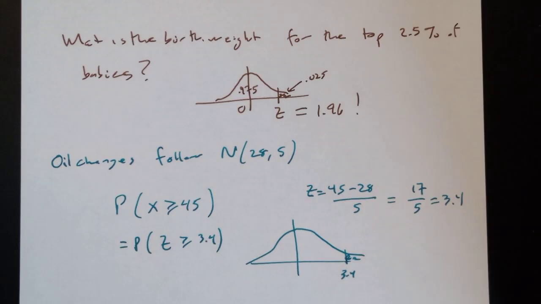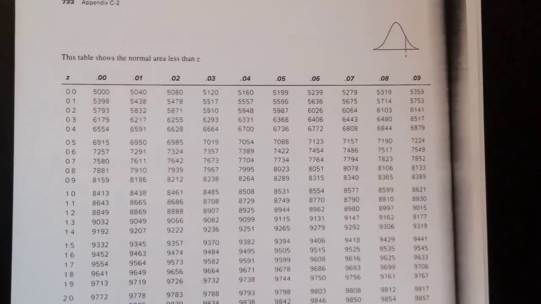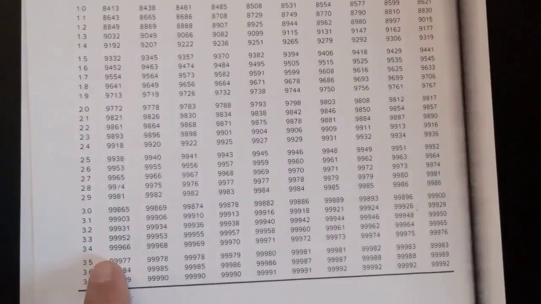If I'm doing table C2, then this is 1 minus the chance Z is less than or equal, strictly less than 3.4. Remember, the chance of hitting exactly a number doesn't really matter. But now I can go to table C2 and I can look up 3.4. Here's the positive part of table C2. 3.40. 0.99966.